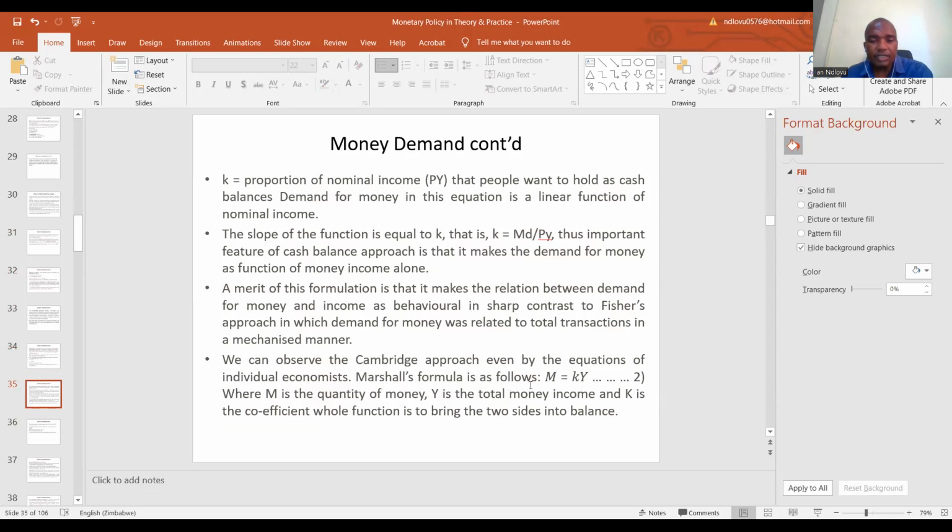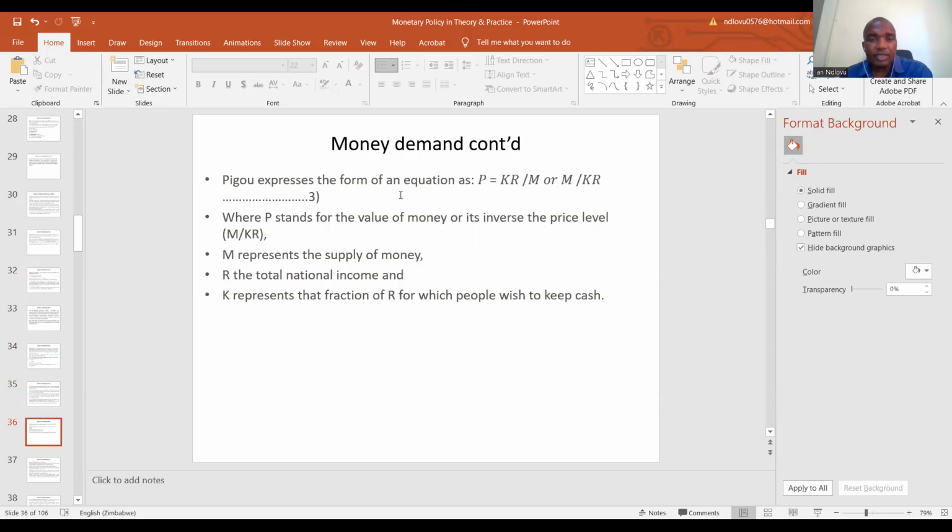Marshall's formula is as follows. M is equal to KY, where M is the quantity of money and Y is the total money income. K is the coefficient to bring the two sides into balance. So K is like a slope of this function, M is equal to KY.